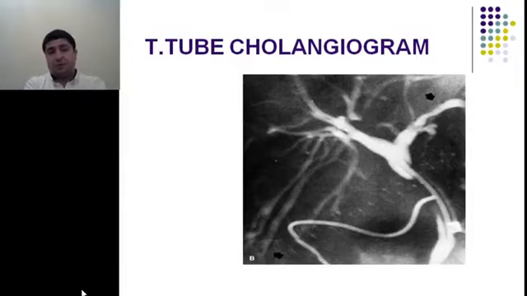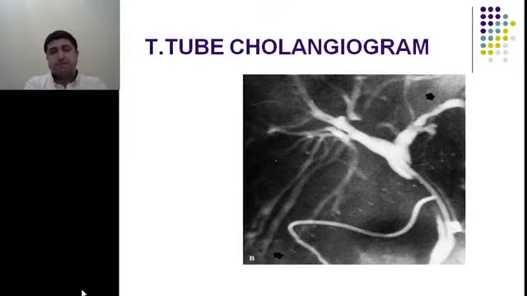In this case, we can do drainage of the bile ducts. But for a T-tube cholangiogram, usually we enter the T-tube after operation. During operation we put in the T-tube and leave it in the postoperative period to decompress the bile ducts for some time, maybe 5, 6 days, 1 week, 10 days.